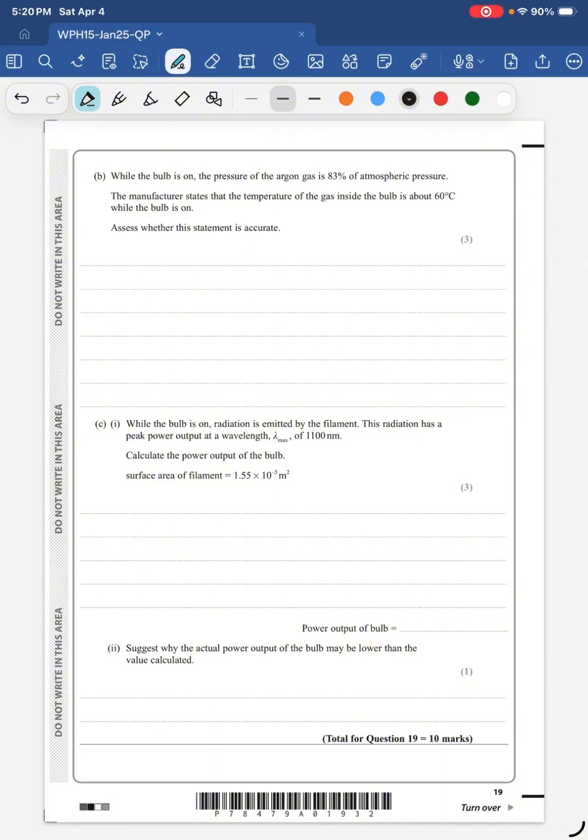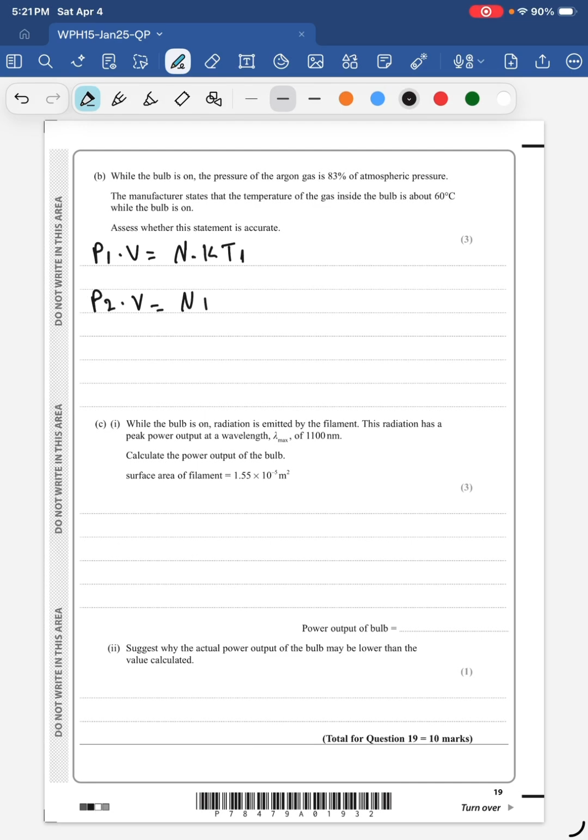Okay, so initially we have the initial pressure P1 times V is equal to Nk times T1. And this is when the bulb is off. When it's on, we have P2 times V. It's the same volume, right? It doesn't change. And it's the same N, the same number of atoms. They don't escape, right?